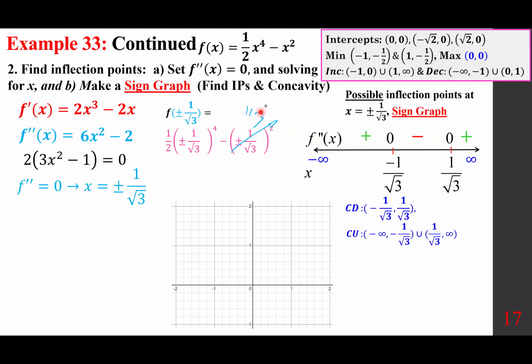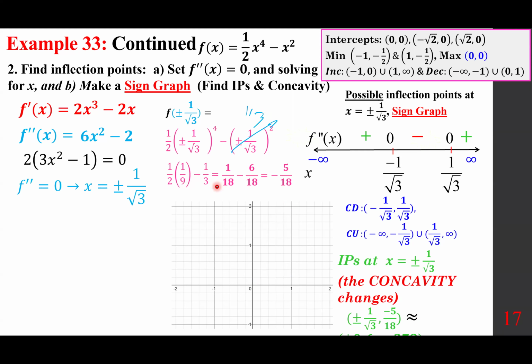Therefore, this one is 1/3 squared, or 1 over 9. So 1 over 18 minus 1/3. Because this is 1 over 18, we're going to change this to 6 over 18, and we get minus 5 over 18. And so the IPs are at these two pairs. So pretty much we have everything.